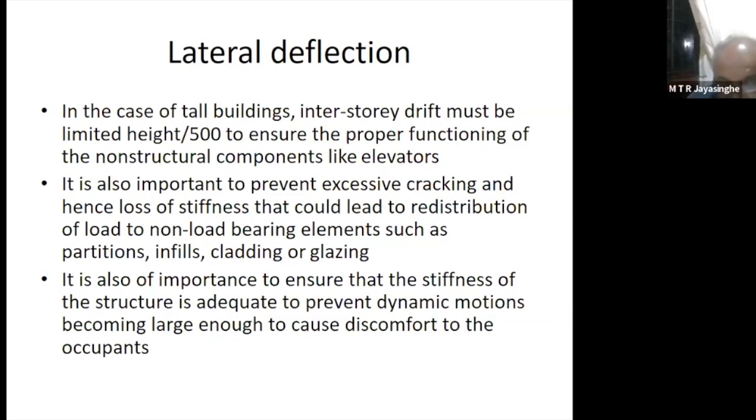So you can see, the buildings should be designed for a longer period than 100 years. Although the codes say 100 years is sufficient, now it has come to the level we have to say 100 years is not sufficient. We should start looking at 500 years.